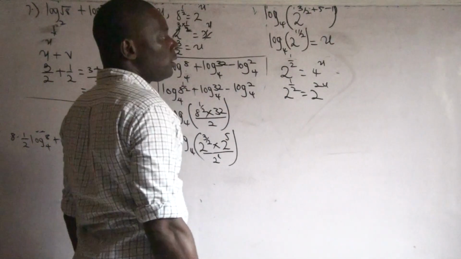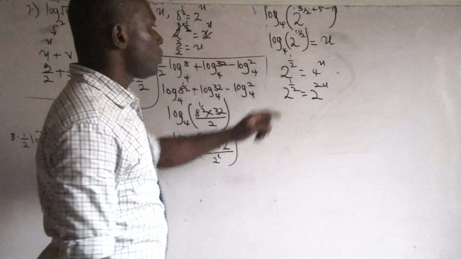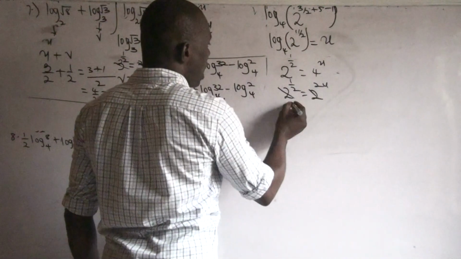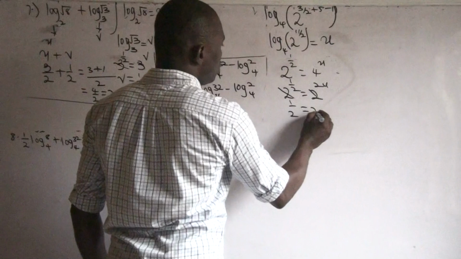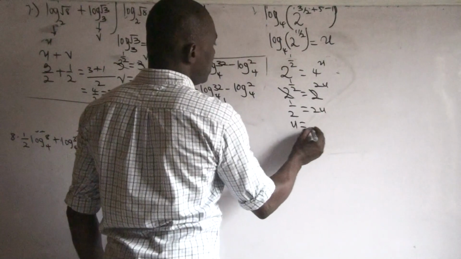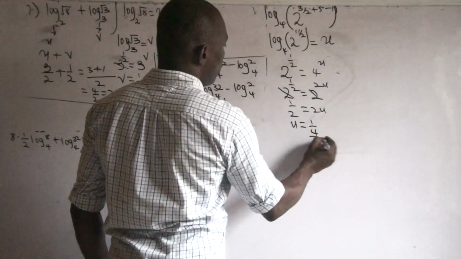Is that okay? So that half is equal to 2u, so that u is equal to 1 over 4.